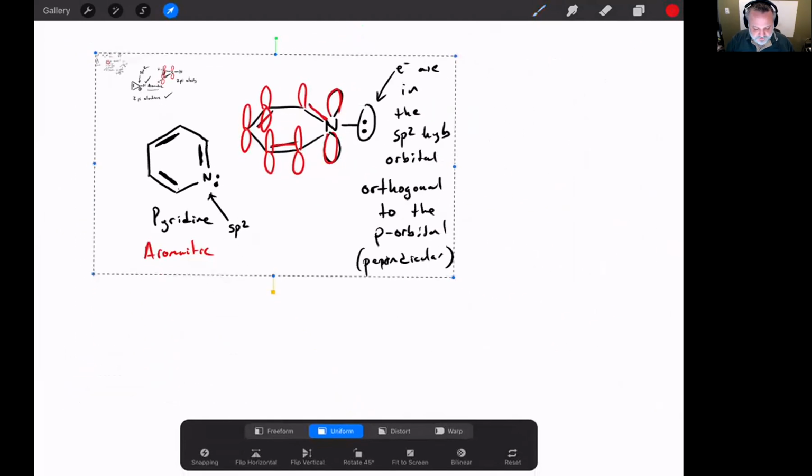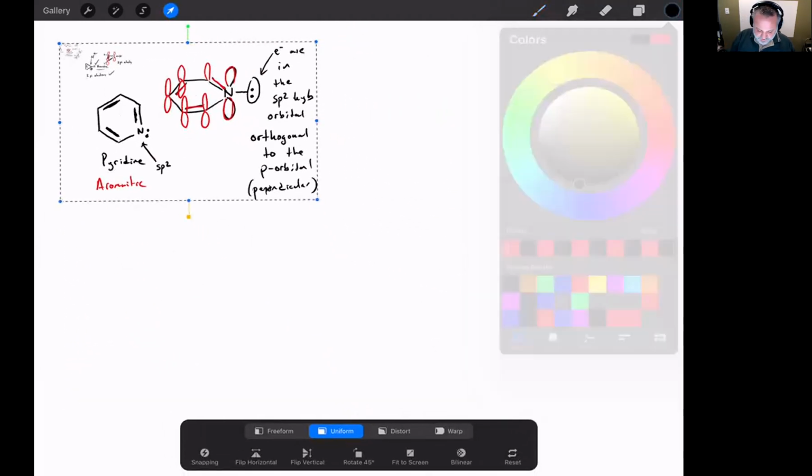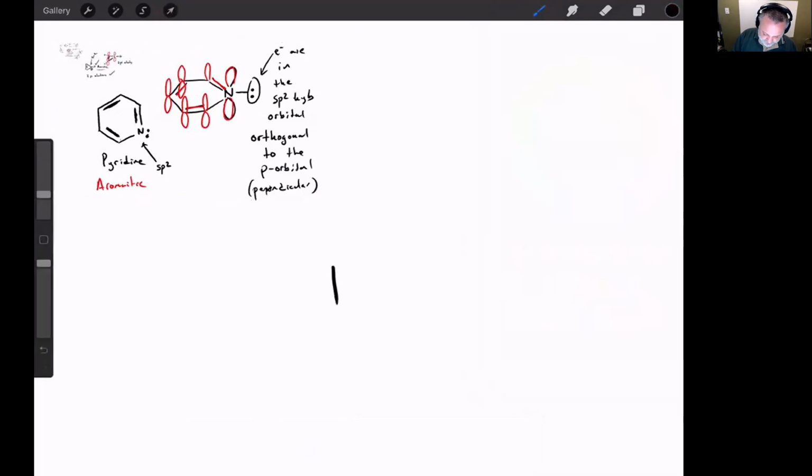Well, remember that pyridine is a base, a common base, and we use it in a lot of reactions. So what happens if it functions as a base and it becomes protonated? Is the protonated version of pyridine, with a cation, aromatic? Let's take another look.